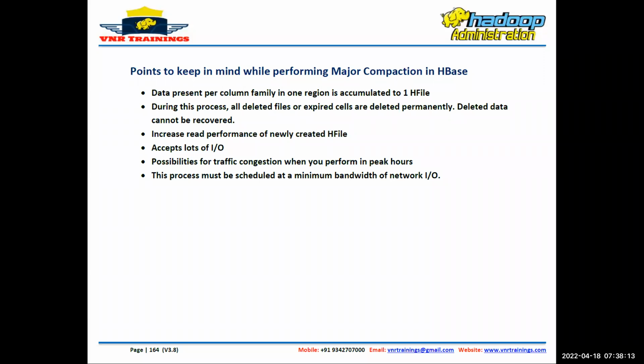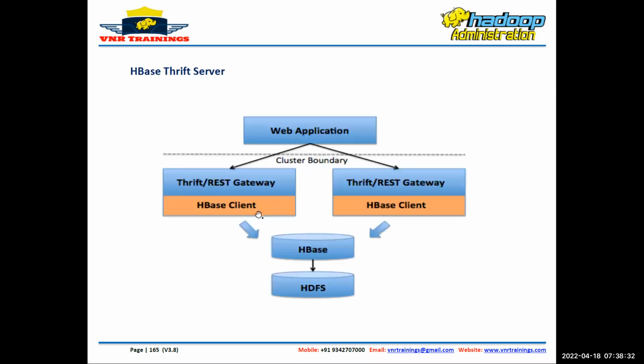You should schedule this activity with less network bandwidth, because during this process there are chances that regions may be balanced from one region server to another region server. Clear? So these are the few points which we need to consider while performing the major compaction.